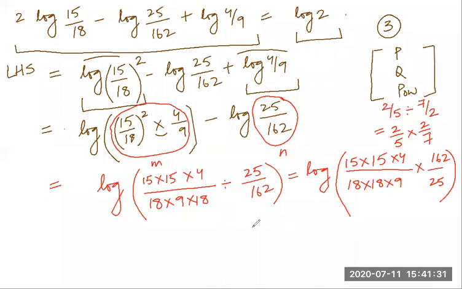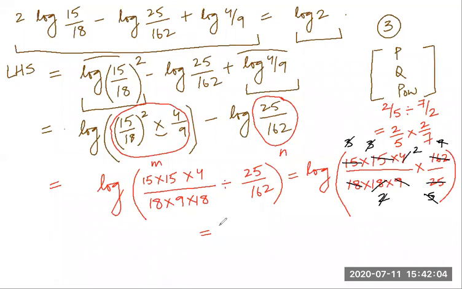Everything is possible. Now change the color. Do multiplication. 18 into what is 162? 9. 9 cancels with 9. Then 3 fives are 15, 5 fives are 25, 3 threes are 9, 9 twos are 18, and 2 twos are 4.